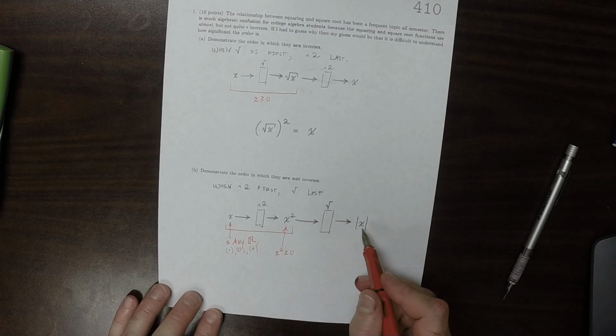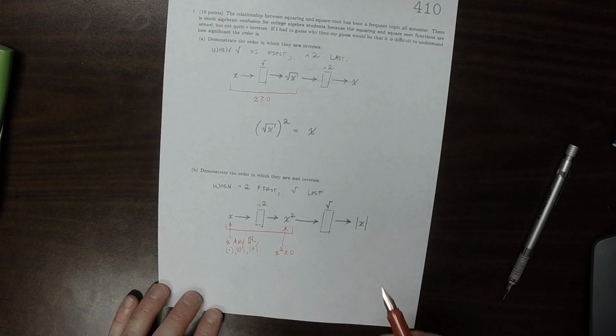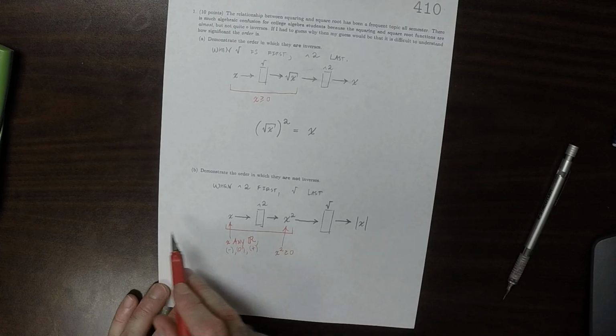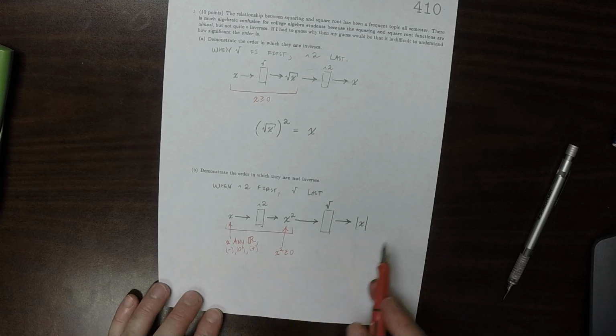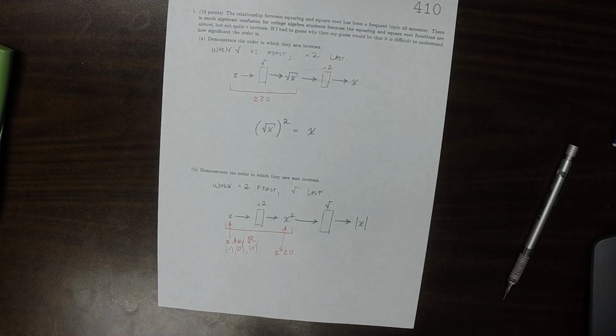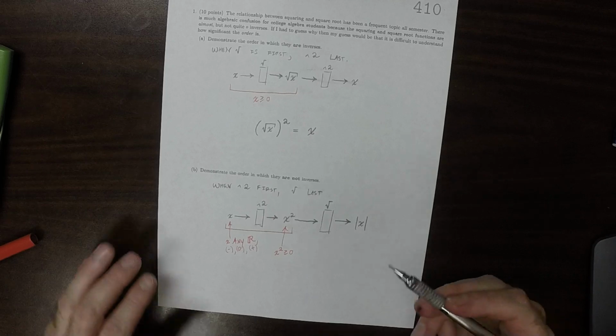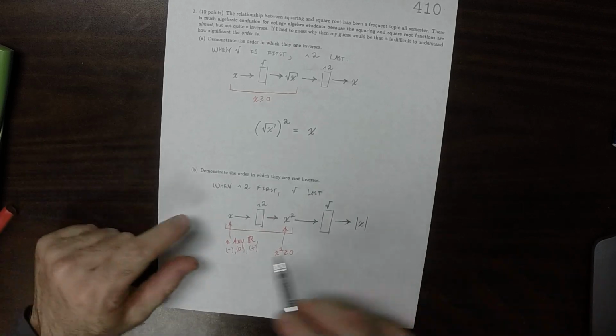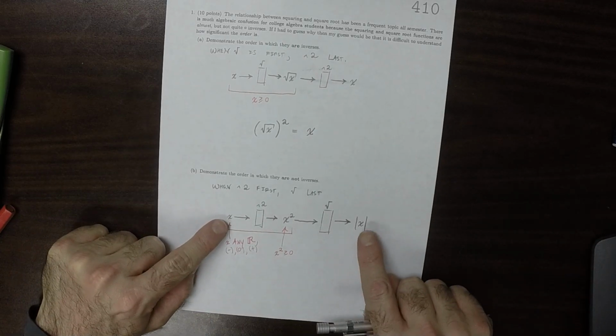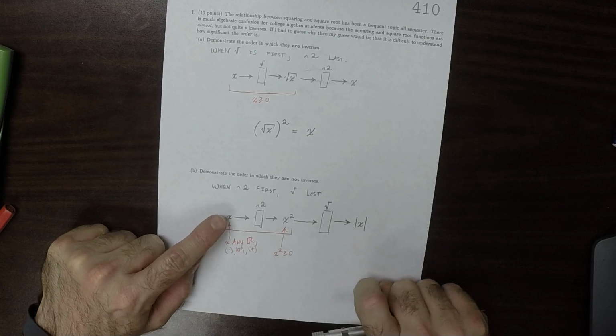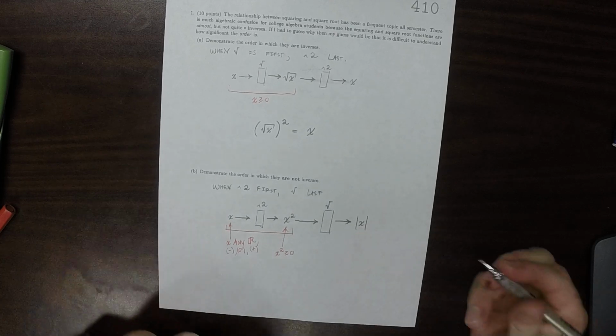But the outputs of the square root can only be greater than or equal to 0, which means that this machine has the effect of computing the absolute value of x. But to be inverses, both sides must be x. But this side is x and that side is absolute value of x.